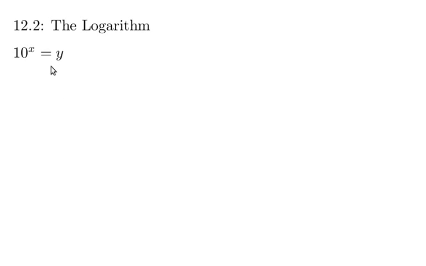If we think of this as f of x equals 10 to the x, we can get rid of that y. It turns out this is a one-to-one function, so we can find an inverse that goes in the opposite direction, and we call this inverse the logarithm.